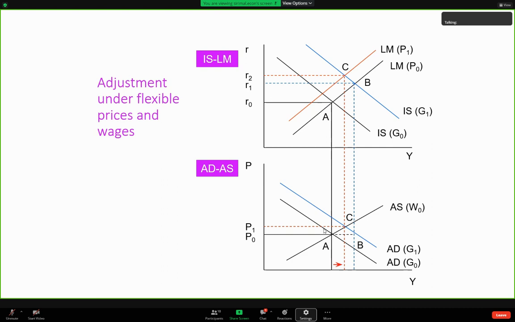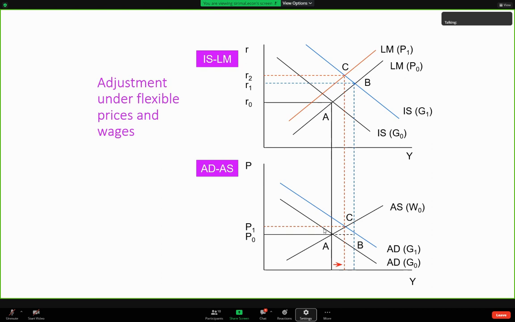Because monetary policy and fiscal policy in the classical view cannot influence the real sector of the economy, so you cannot influence output by increasing government spending or by printing money.